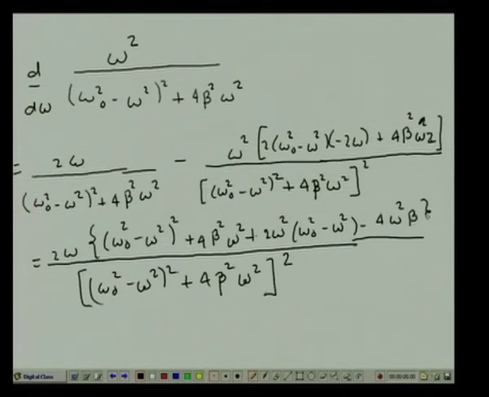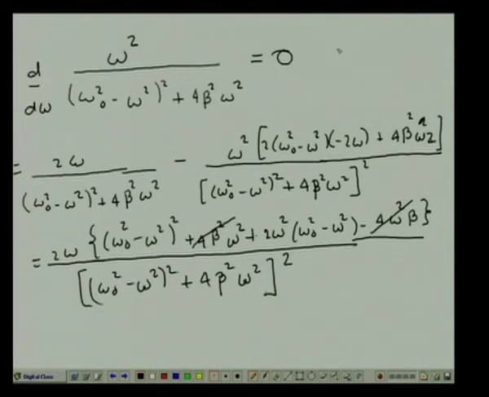So, this is my numerator. Notice that this term cancels out with this term, and I have to find the solution of this equal to 0. So, I need not bother about the denominator. I have to find the solution where this plus this is equal to 0. Now, if I look at this plus this, I can take omega naught square minus omega square common.